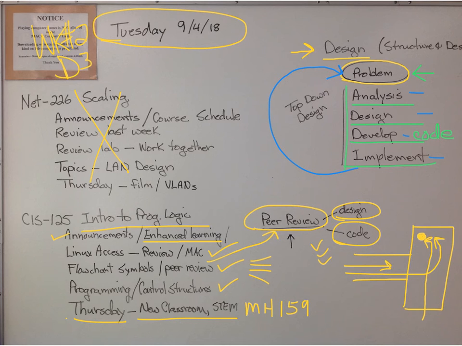Okay? Now there's a lot more things that go into this, but this whole process is known as top-down design. And we're going to look at top-down design, and later on we look at bottom-up design. It looks kind of like this, but you start coding sooner than later in the process.